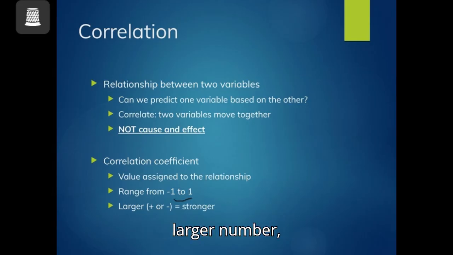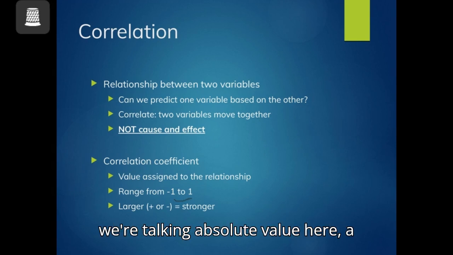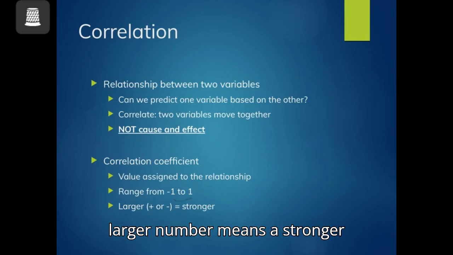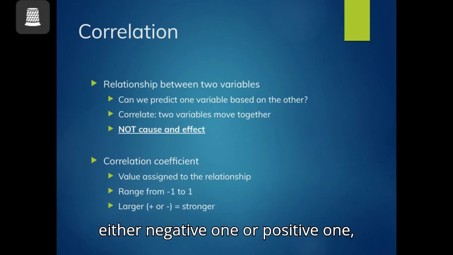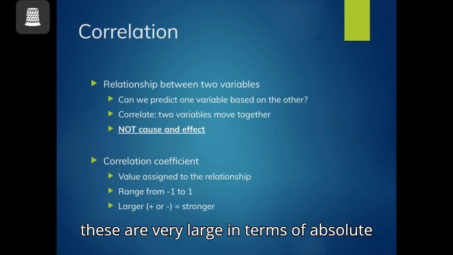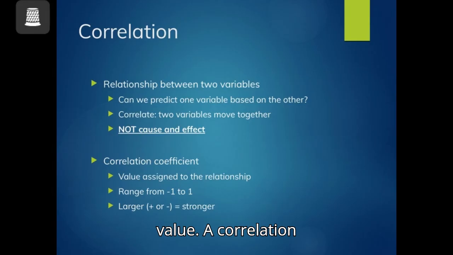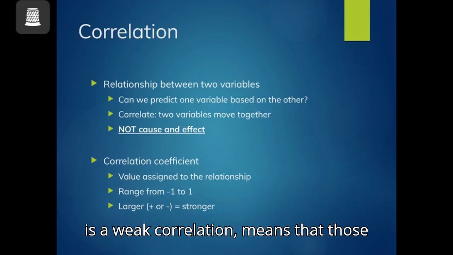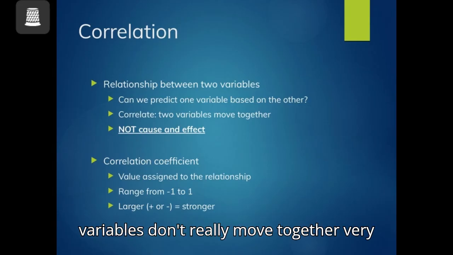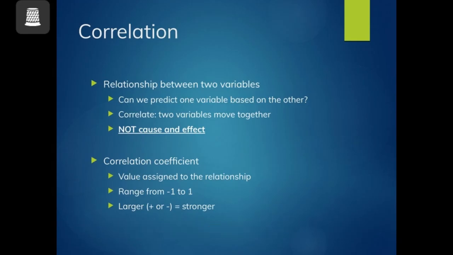A larger number, whether it's positive or negative, so we're talking absolute value here, means a stronger relationship. So either -1 or +1 are very large in terms of absolute value. A correlation coefficient close to 0 means it is a weak correlation, meaning those variables don't really move together very well.